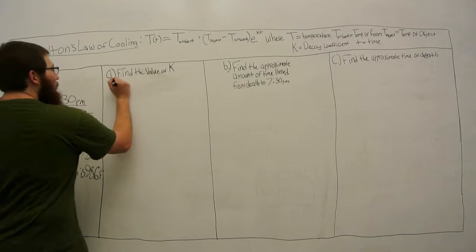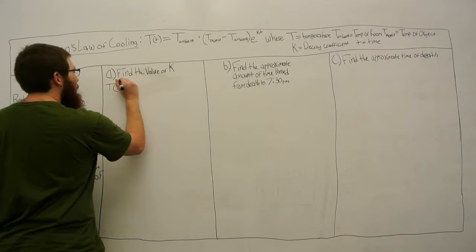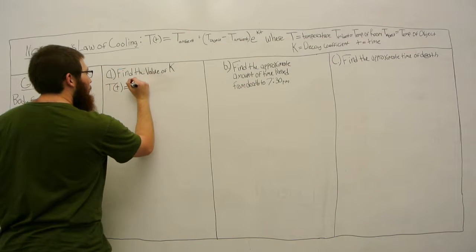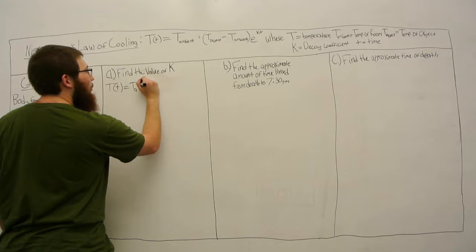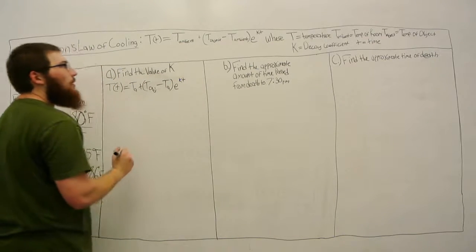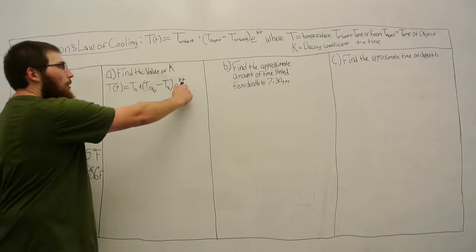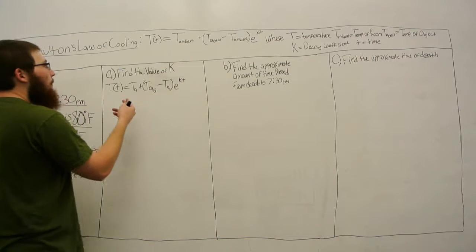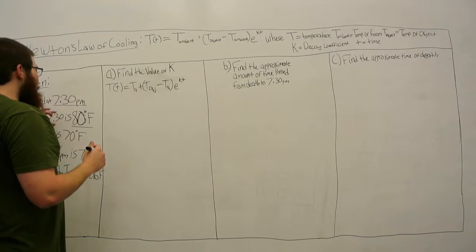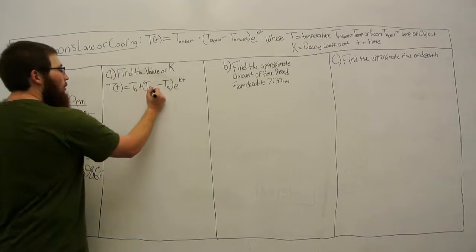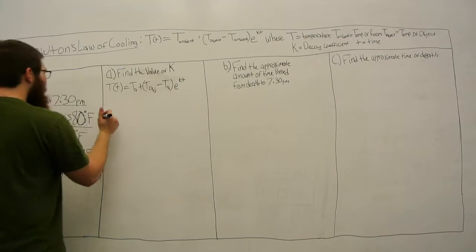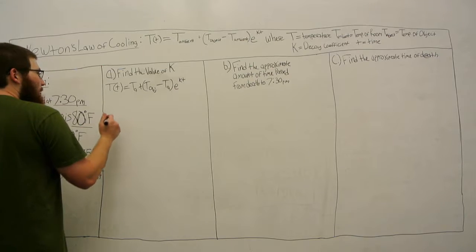The way we're going to do that, we use the equation to find K. So, how do we get this all the way here? Well, we know that his temperature at 7:30, which is going to be the temperature of the object, is 80 degrees.